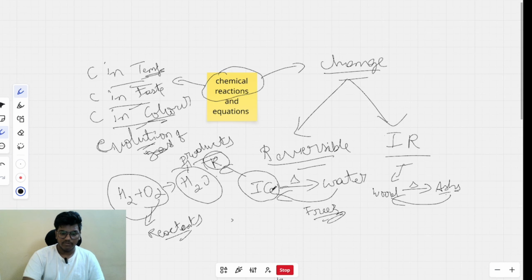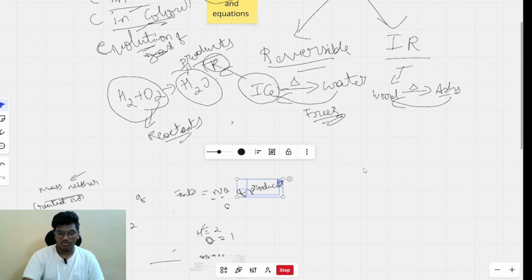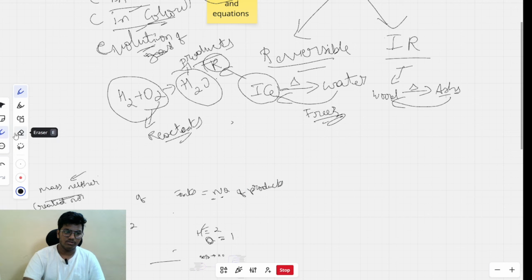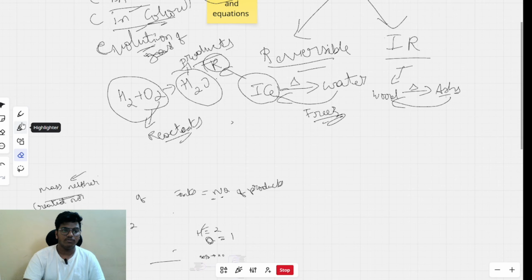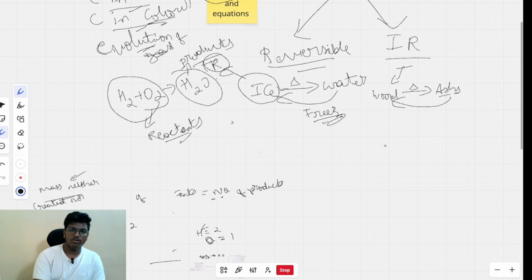Now we'll discuss some different things, for example the law of conservation of mass. What is the law of conservation of mass?